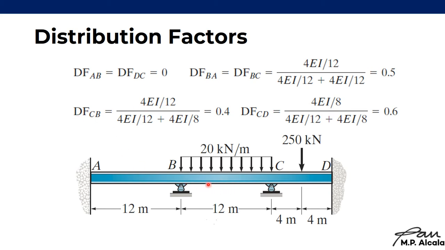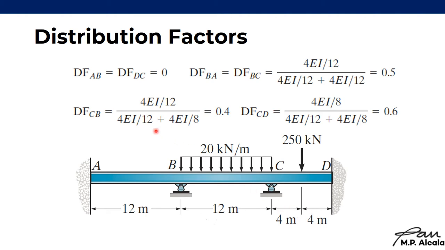Since we have now a different length, DFCB will be connected to DFCD. That will be 4EI over 12, the length of CB, over the sum of 4EI over 12 plus 4EI over 8.